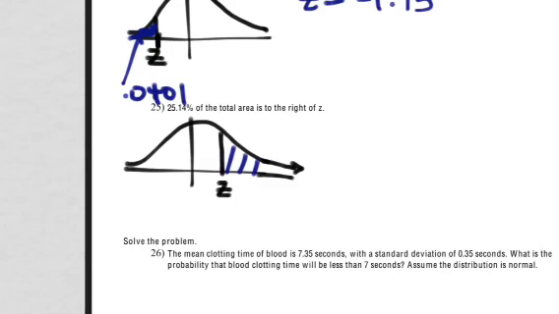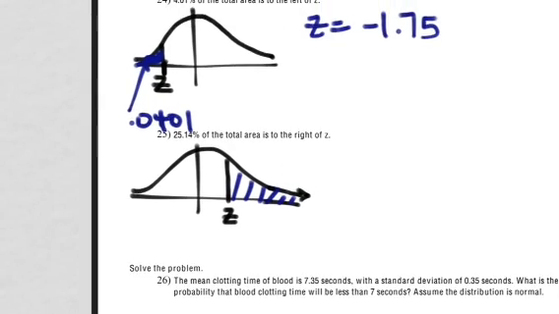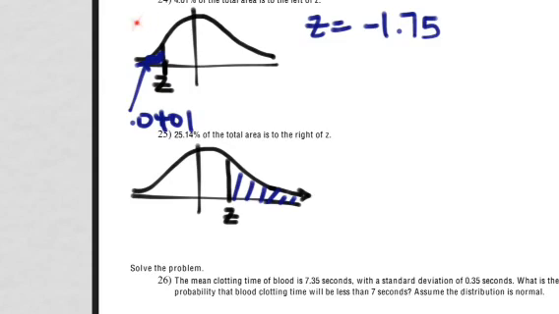They extend out forever. So the area that's in the upper tail, as opposed to the previous example, this one is a lower tail, this one is an upper tail. That's not really much of a tail because it's 25%, but 0.2514 is the probability above the z-value, so to the right of the z-value.